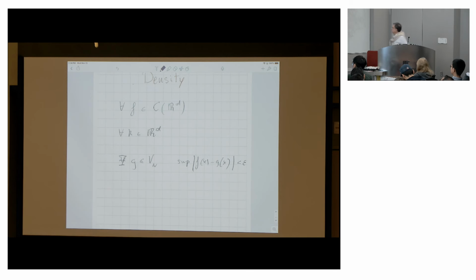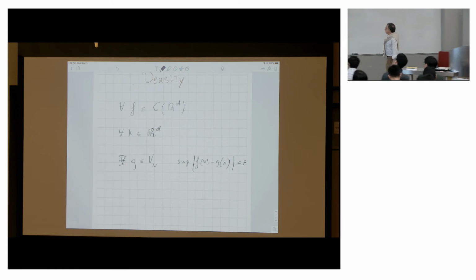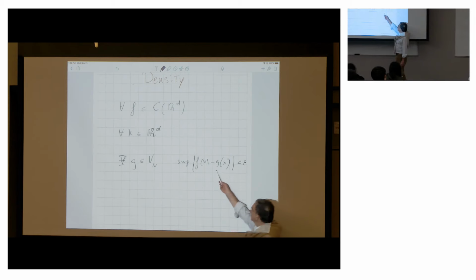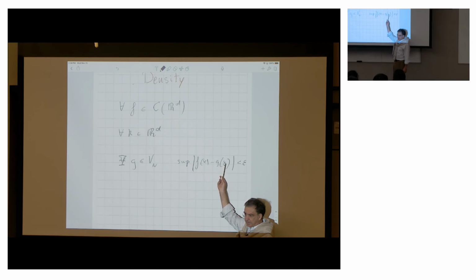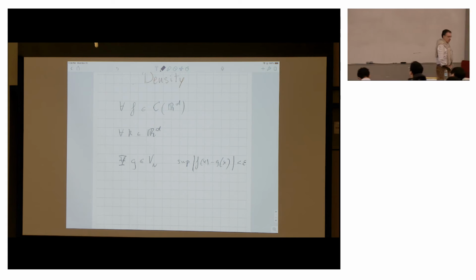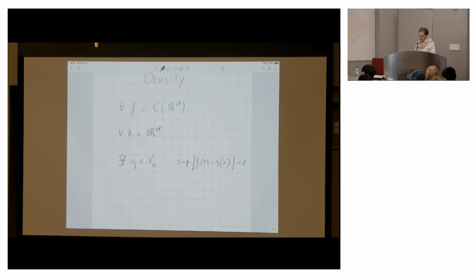So this means that in the set of my networks, I can find at least one which approximates within epsilon over the whole domain any function in that space. Then I say that V is dense in K.